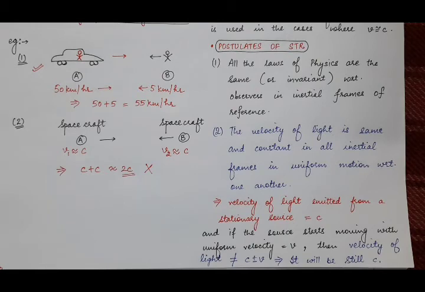So this is the second postulate of the special theory of relativity, that the velocity of light in all the inertial frames is constant and equal to c. It means the velocity of light is independent of the motion of the observer or the source.